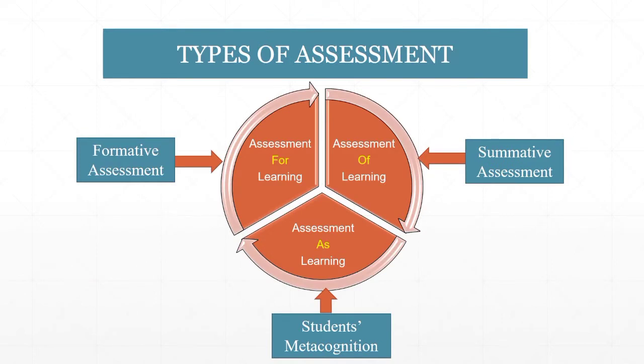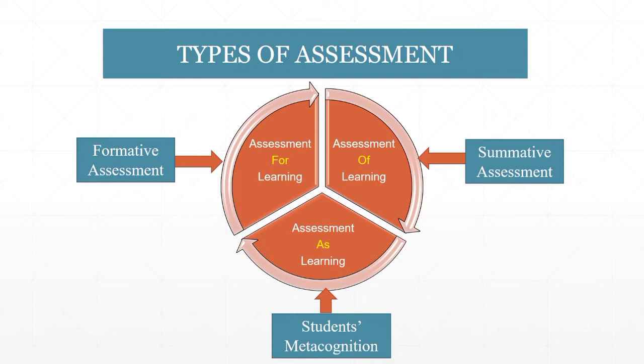There are different types of assessments, right? If you go through literature, some have categorized assessment under 6 types, some 7 types. But for the purpose of this class, we are going to look at assessment under 3 broad categories: formative assessment, summative assessment, and student metacognition.